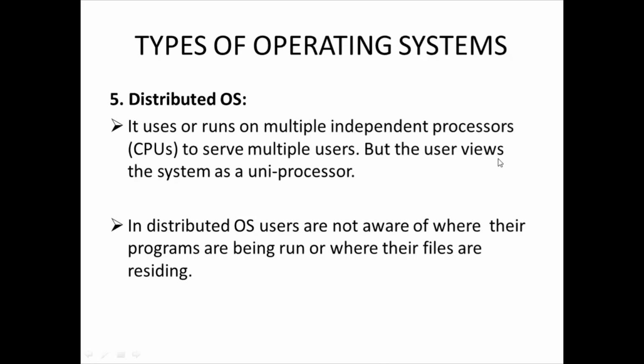But the user views the system as a uniprocessor. Here, the user will be using the system thinking that he is using a single system, but it actually runs on multiple independent processors. There are several CPUs, but the user thinks of it as only one single processor.